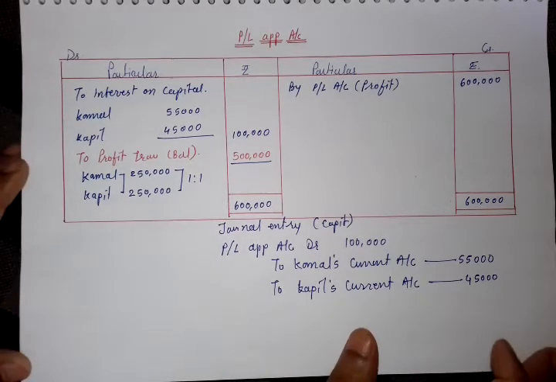Okay, now we are solving question number 19. Question number 19 on page number 2.83, and it is a question of fluctuating capital. Before, the question was fixed capital. From question number 19, a new topic has started, that is fluctuating capital.